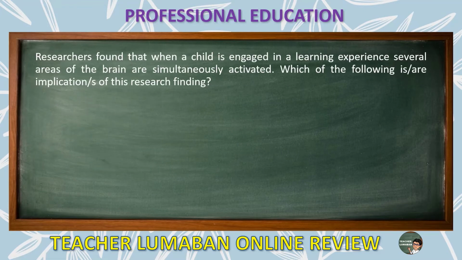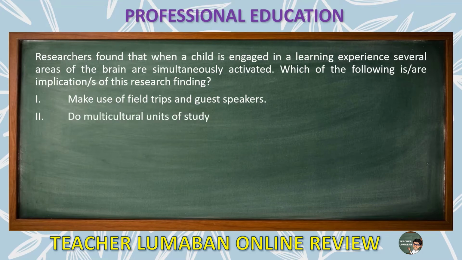Researchers found that when a child is engaged in a learning experience, several areas of the brain are simultaneously activated. Which of the following is not an implication of this research finding? Roman numeral 1. Make use of field trips and guest speakers. Roman numeral 2. Do multicultural units of study.